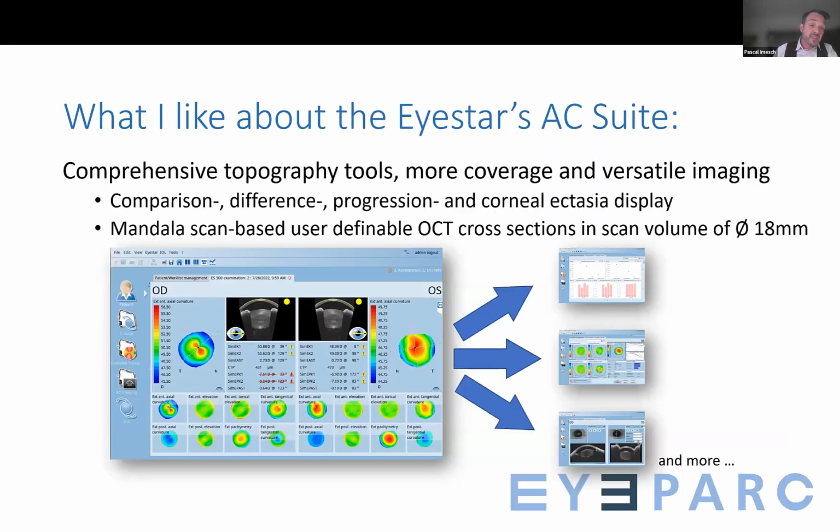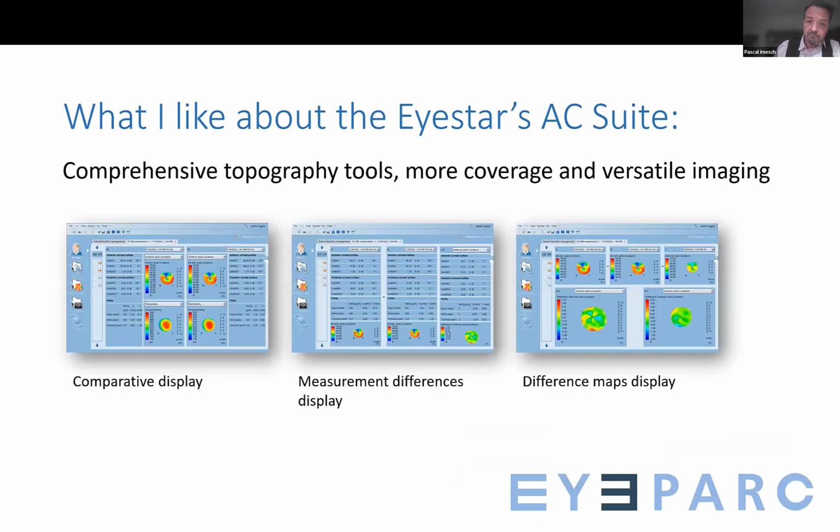So then they came up with the AC suite, not only for cataract, but with an extensive screening now also for corneal abnormalities. So again, here you have a very comprehensive screen where you have all kind of different maps that you may need. And then you have, again, several different analyses that you can do.